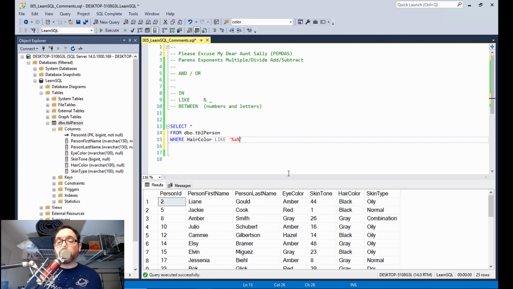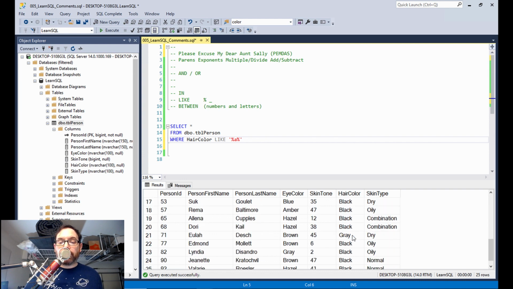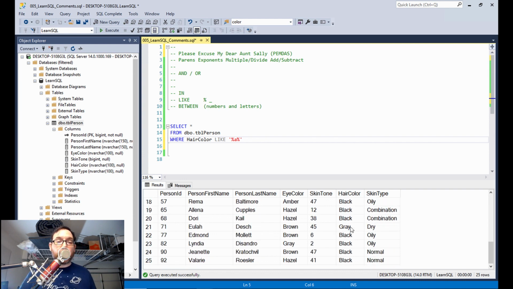When we run this, we get gray, we get black. And I think that's all the hair colors we have with an A in it. So LIKE is a very powerful statement. It does come at a cost in operations, but when you're just digging through data, trying to remember, hey, I knew it was something like this, it's a very powerful tool.